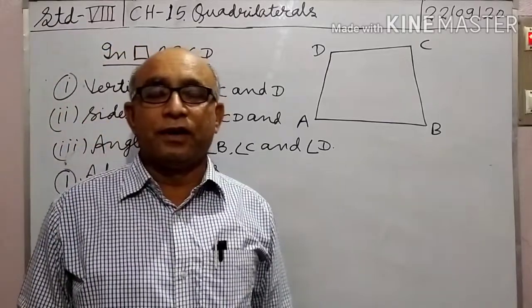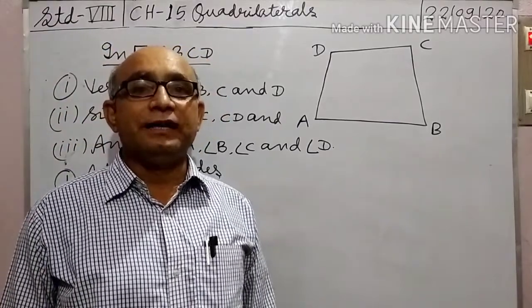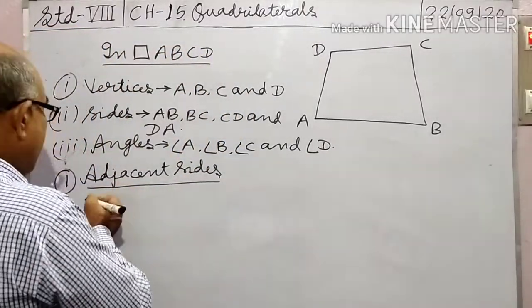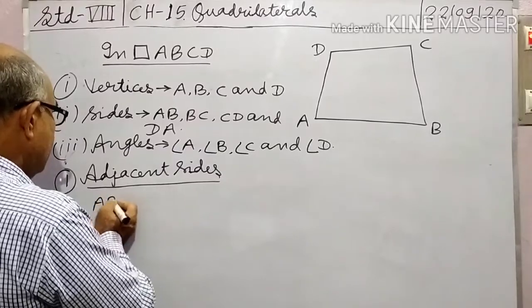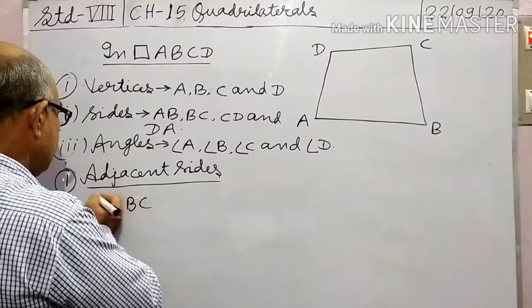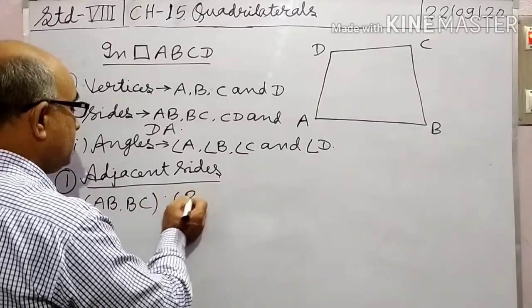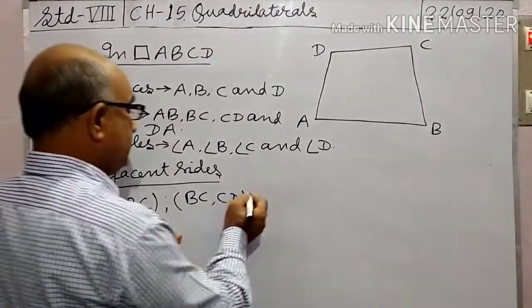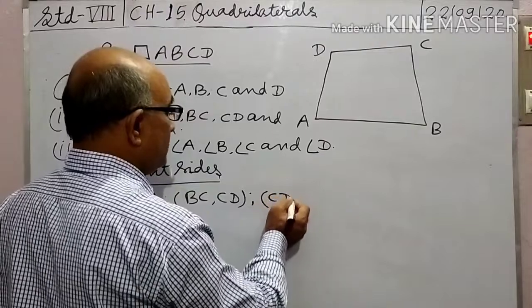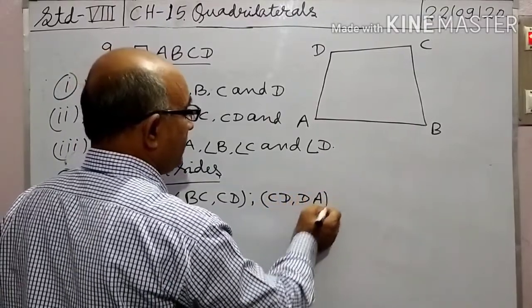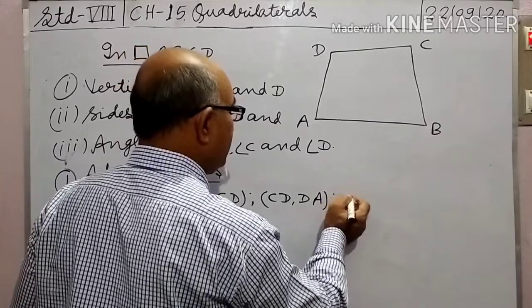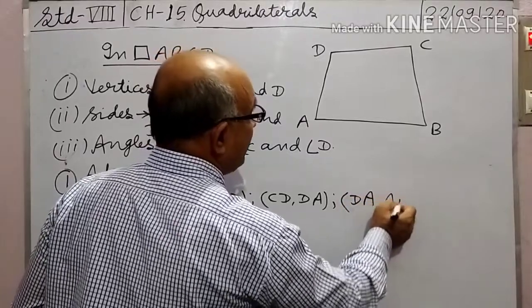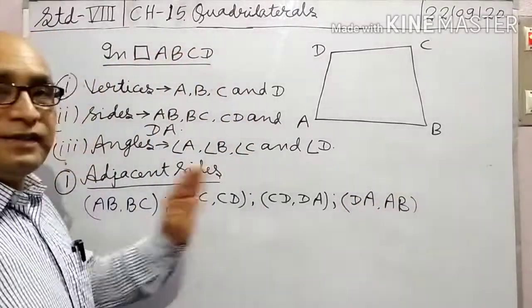For example, AB and BC, BC and CD, CD and DA, and DA and AB: four pairs of adjacent sides.